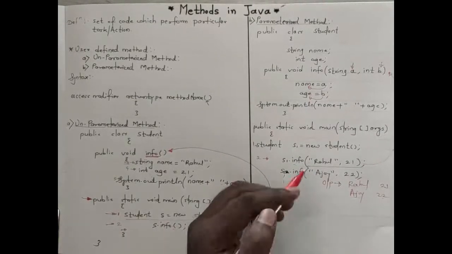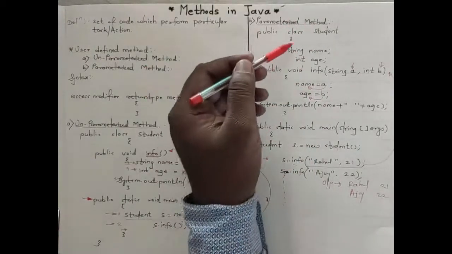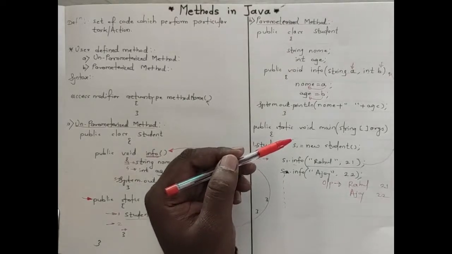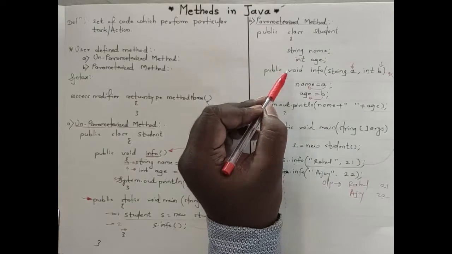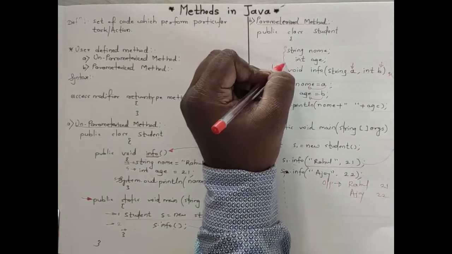This is nothing but a parameterized method inside Java. So the same topic we are discussing, regarding object initialization by method. Here we discussed a parameterized method, but inside that method we initialize that variable, or we initialize that object, by using a method.